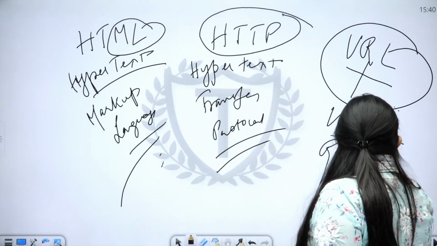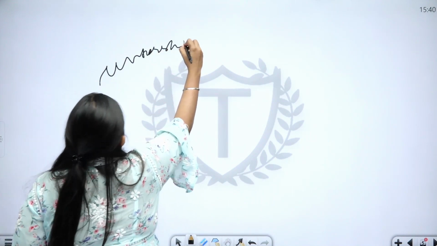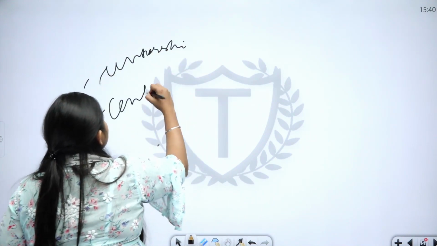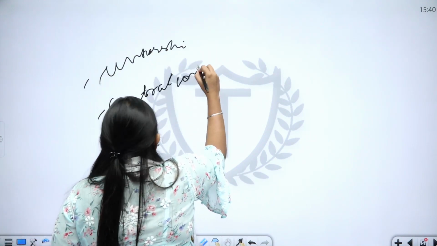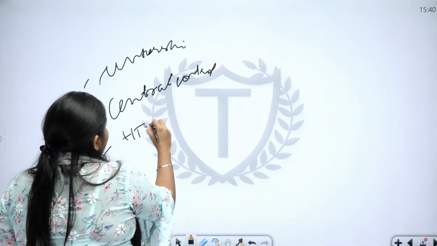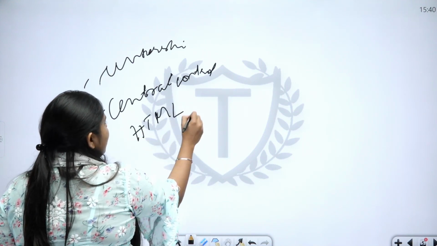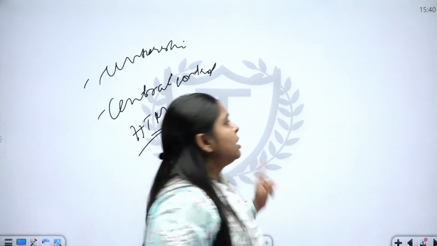But we figured out something, that there was something known as censorship. There was something known as central control. And there was something known as HTML, I'm so sorry, HTML, where there was a markup language.